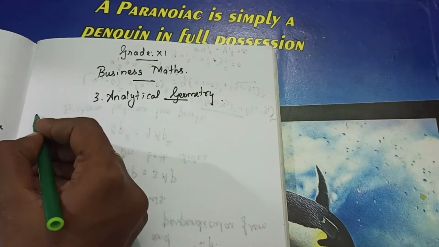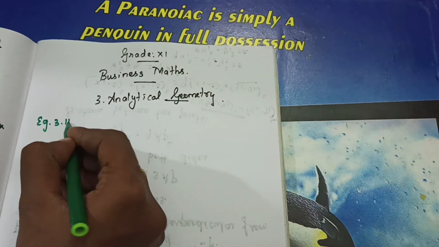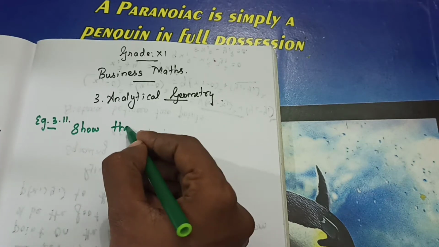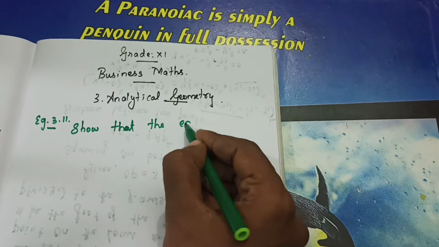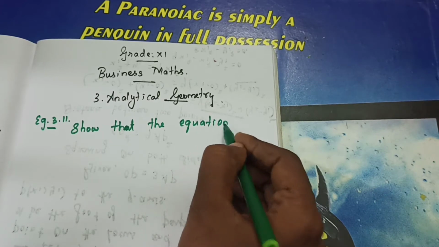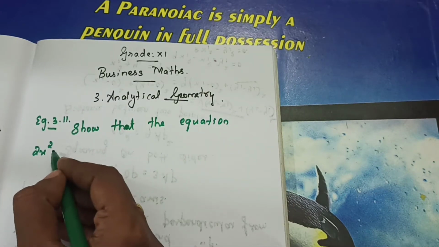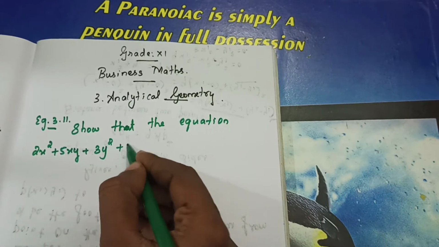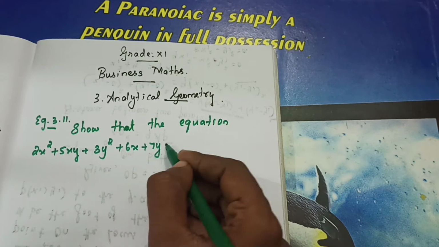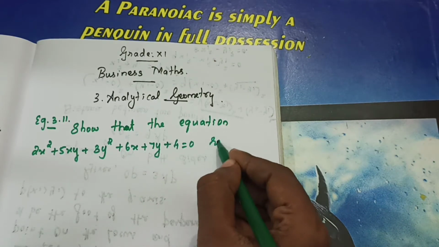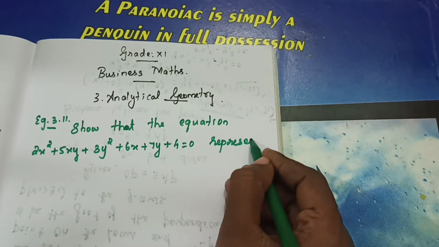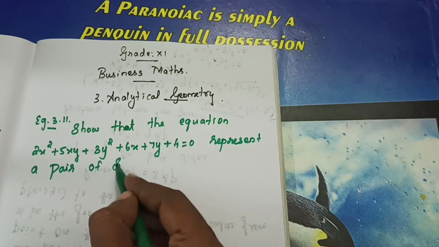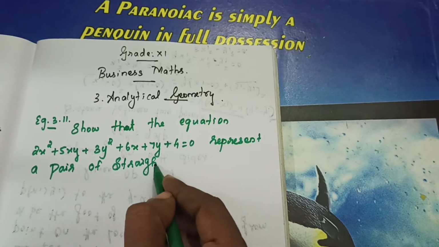Okay. So question is, show that the equation 2x square plus 5xy plus 3y square plus 6x plus 7y plus 4 is equal to 0 represents a pair of straight lines.